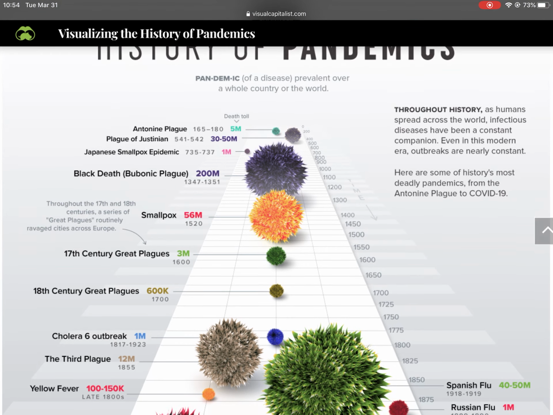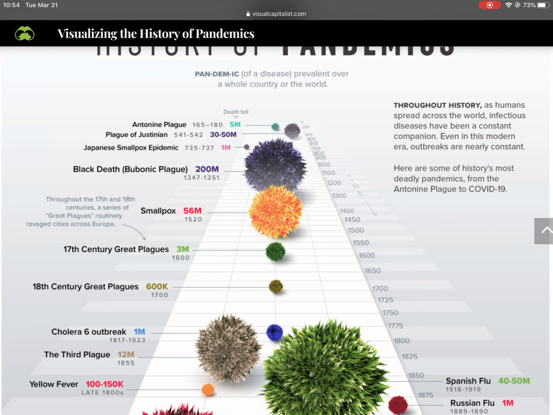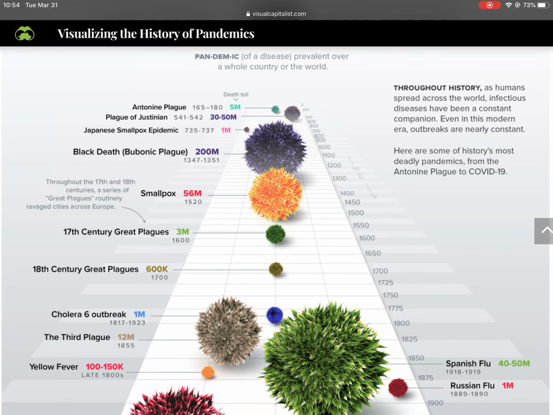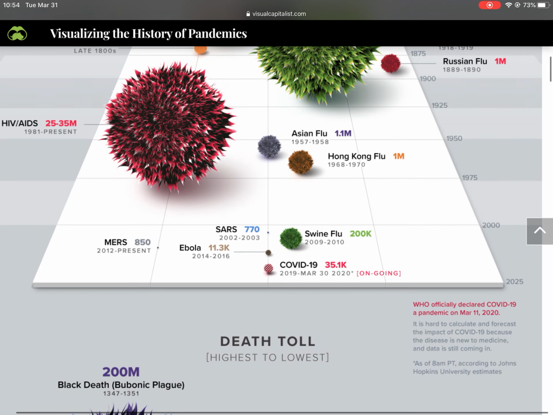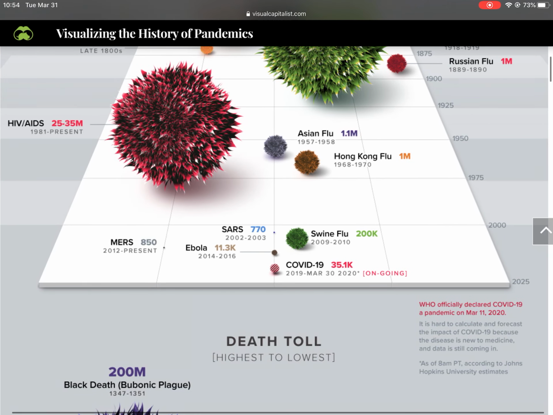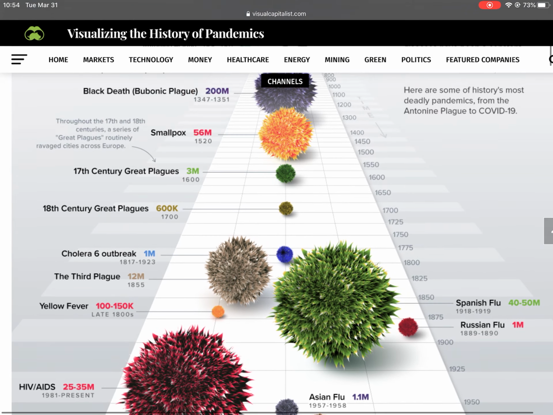What I can see is a timeline. It is a timeline from the year 165 until the present, which is right now. COVID-19 is on the bottom. So I can see that it is a timeline.